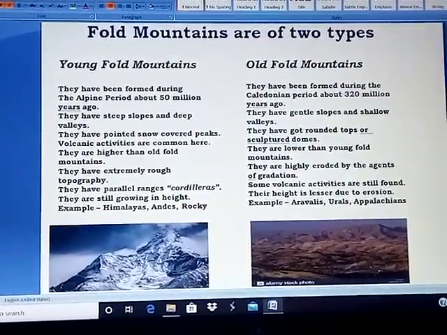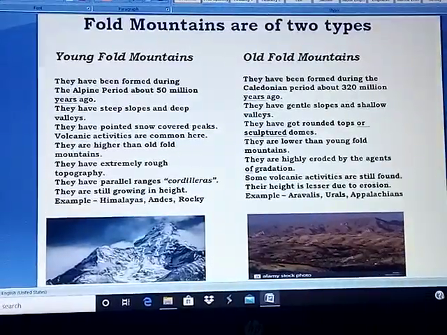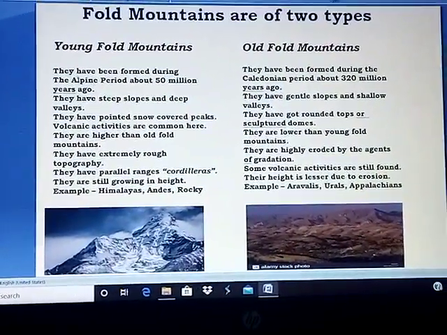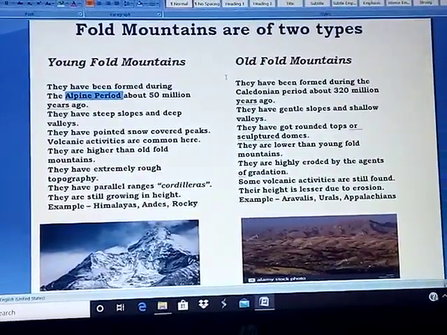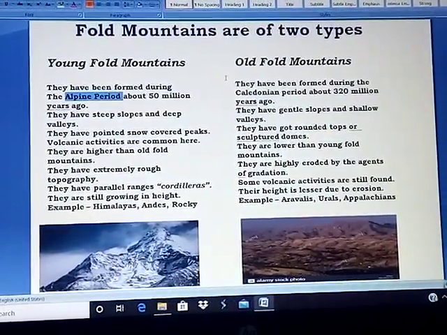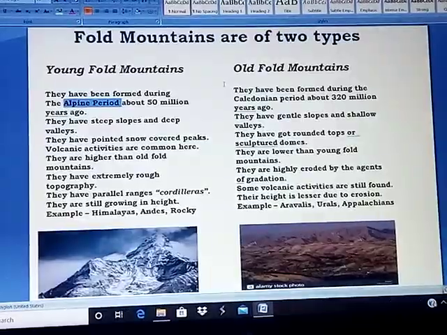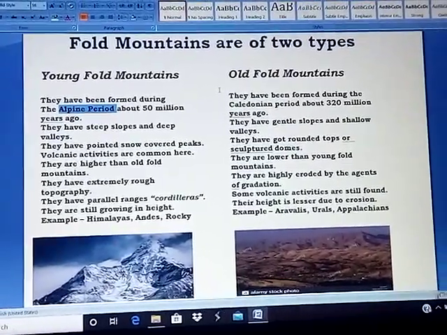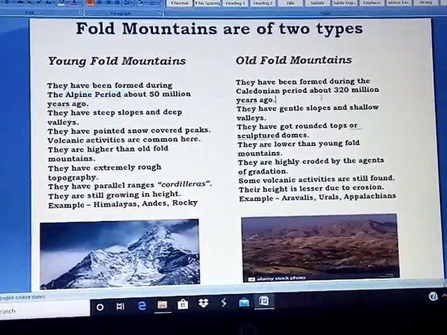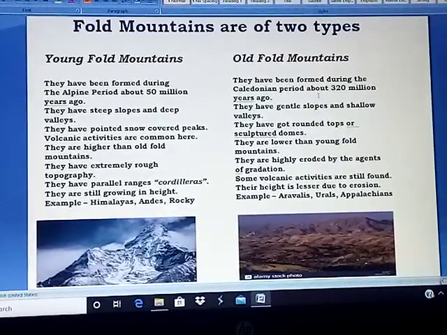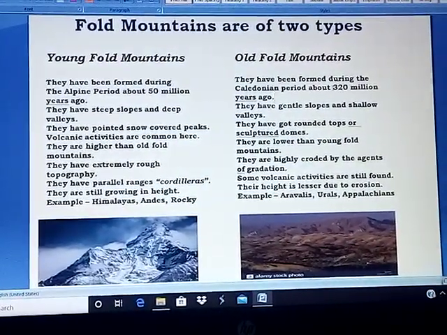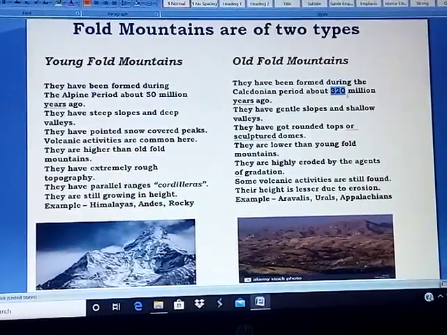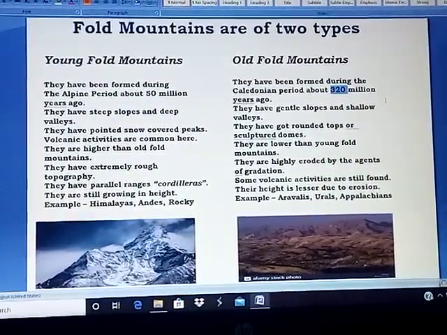The young fold mountains have been formed during the Alpine period, that means around 50 million years ago. On the other hand, the old fold mountains have been formed during the Caledonian period, which is about 320 million years ago.